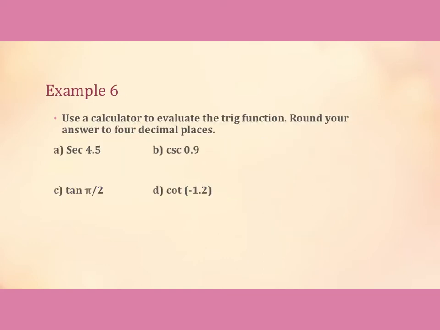All right, good news is the last part's the easiest because our calculator does the work for us. Example 6 says use a calculator to evaluate the trig function and round your answer to 4 decimal places. So here's the biggie in this section: we have to pay attention to the mode on our calculator.